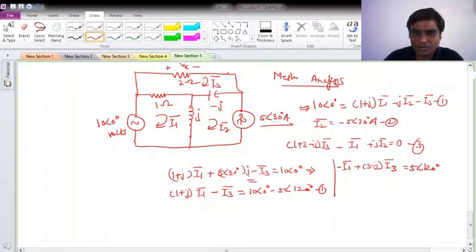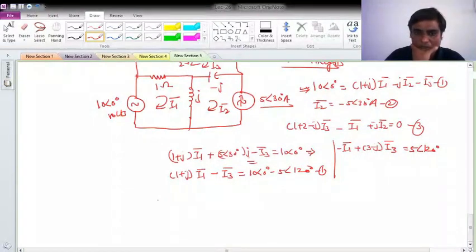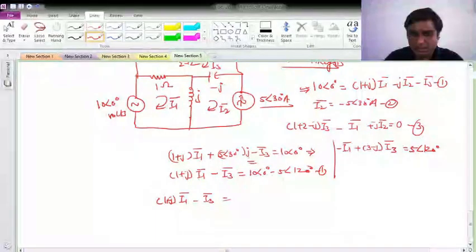Now let us write: 1 plus j I1 phasor minus I3 bar, which will be 10 angle 0 minus this.